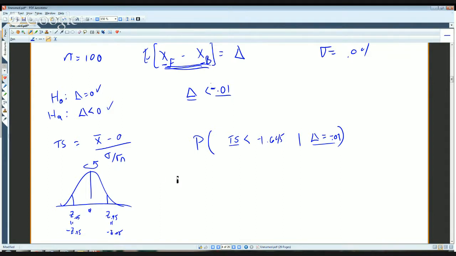We can calculate the distribution of our test statistic under the alternative.